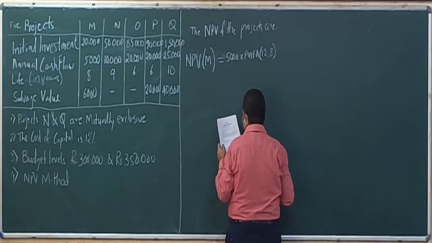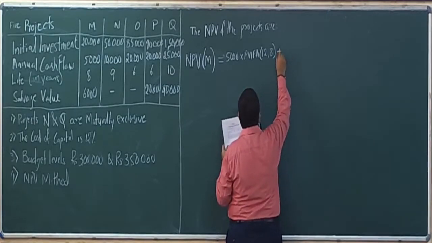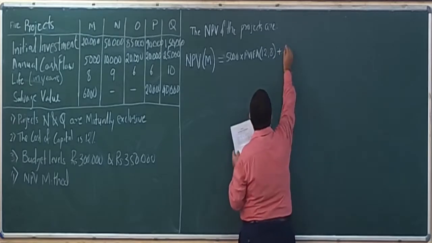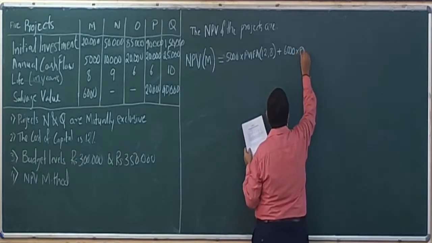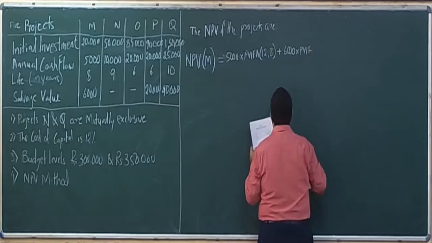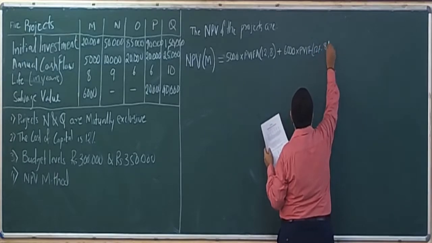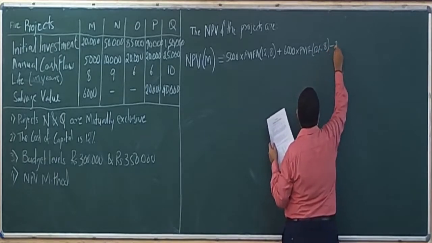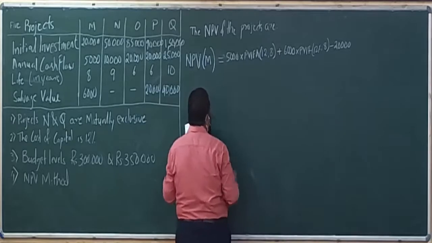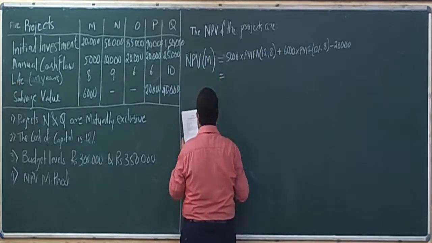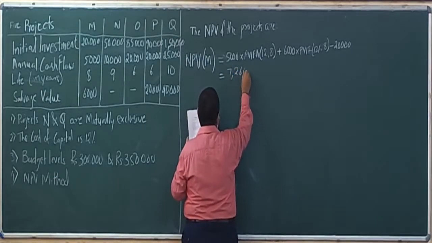So the discount rate for 12% for 8 years, plus the salvage value given in the question, 6,000, into the present value interest factor for 12% for 8 years, minus 20,000, the initial investment of the project, equals 7,264.